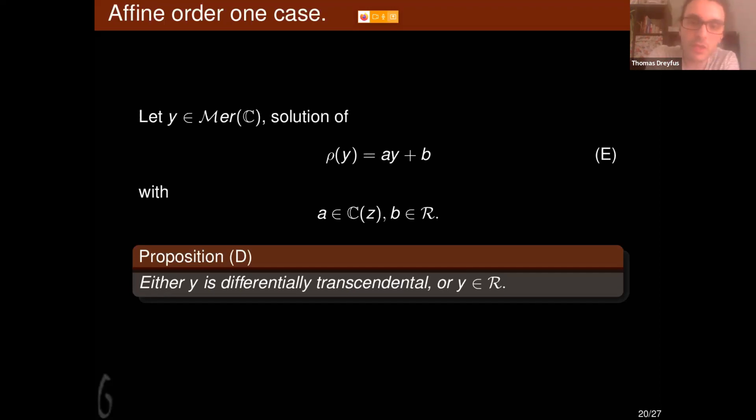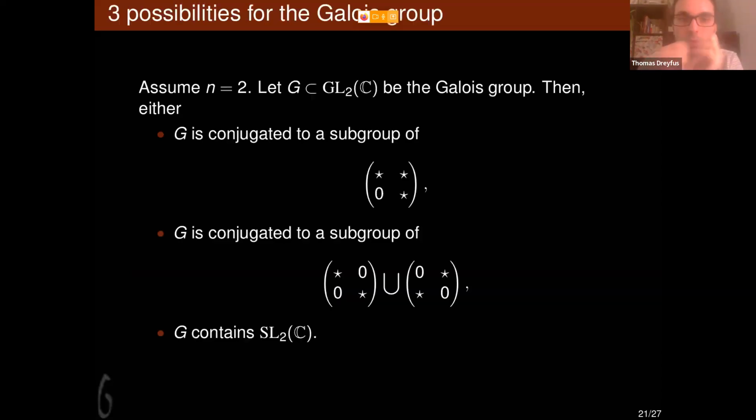This result stays true if you consider B in that ring, for reasons that will appear in a few slides, if I'm able to do it. But not sure because time is going away. So now consider really the order 2 case.